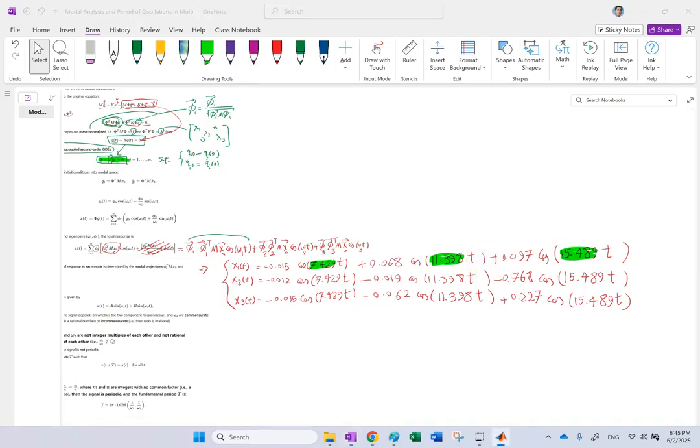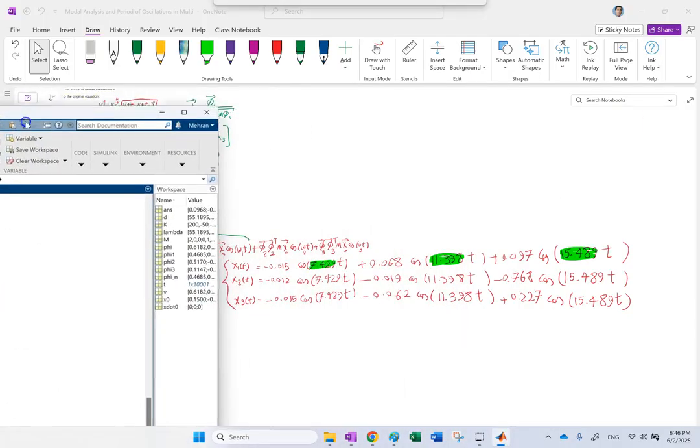So for that reason, here I'm going to plot it in MATLAB, and let's say here I give it a time range from 0 to, I don't know, maybe 100 seconds with an increment of 0.01. So my x1, and here I'm typing on the side. Let me bring my MATLAB here.